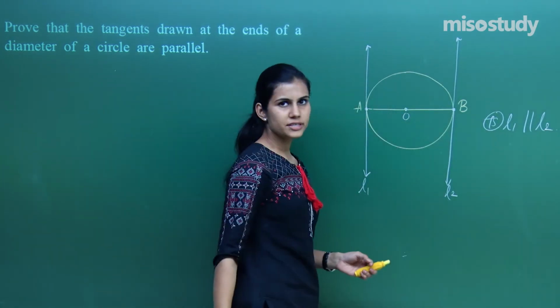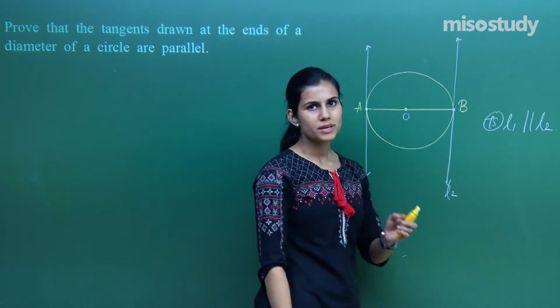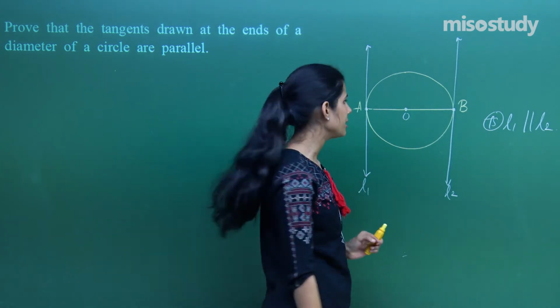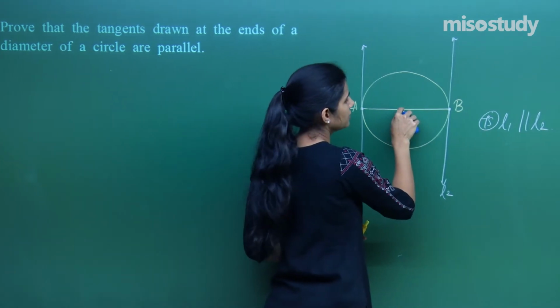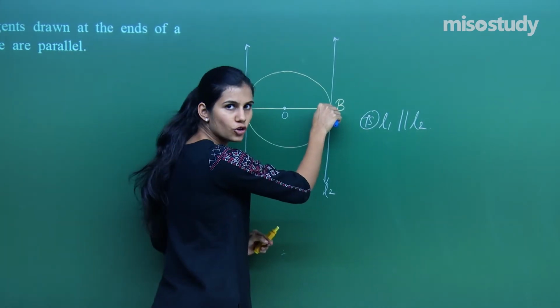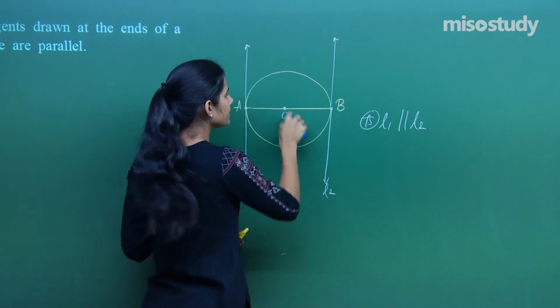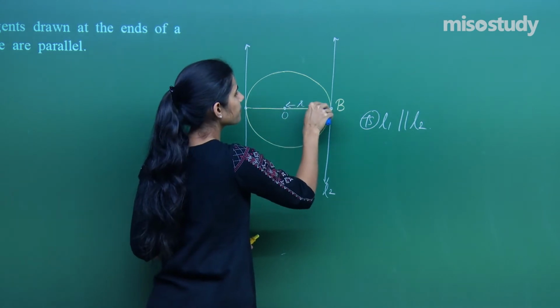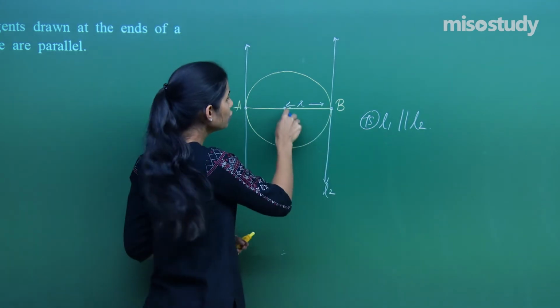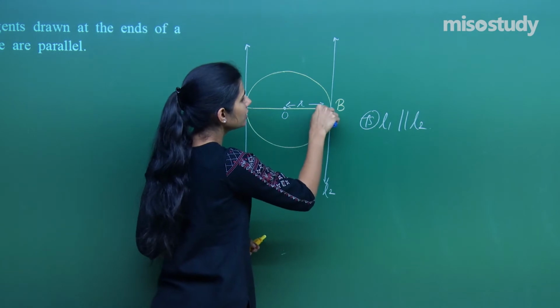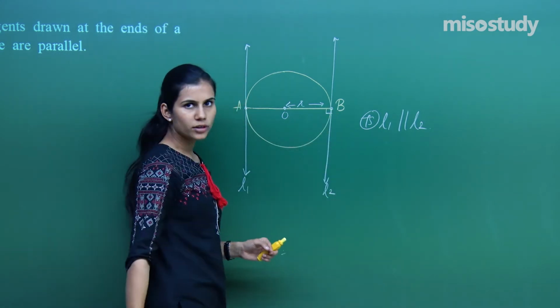Now this is a pretty interesting question. Why? Because it is going to make you revise your previous concepts as well. From the center, the segment OB, which is drawn from the center to point B, is nothing but the radius, right? And you know that the radius is perpendicular to the tangent through the point of contact.